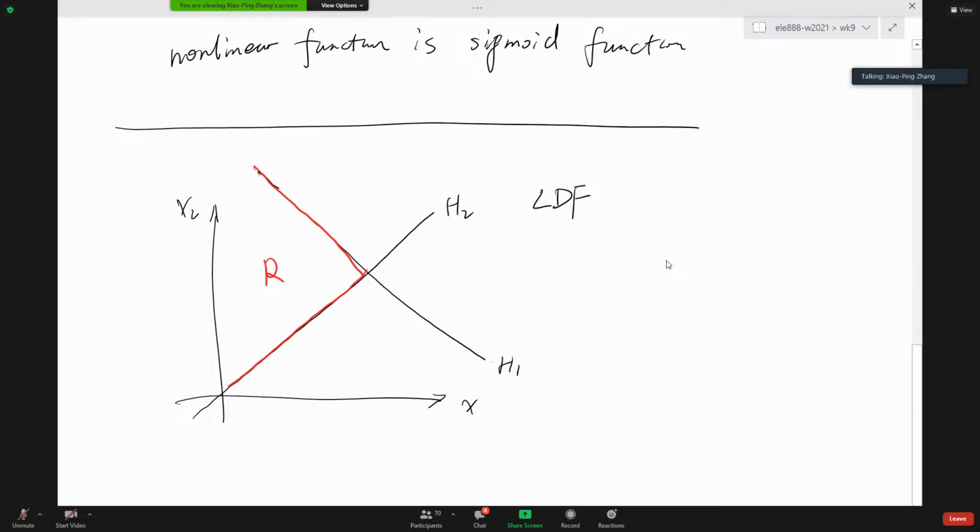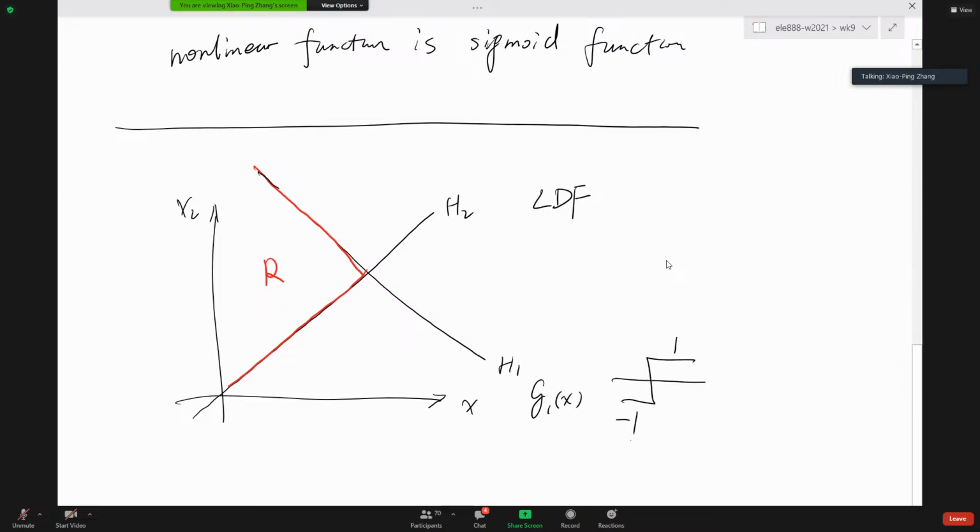So for H1, g1(x), if we use that neuron, if it's larger than 0, we give it a value 1, and smaller than 0, we give it a value -1.